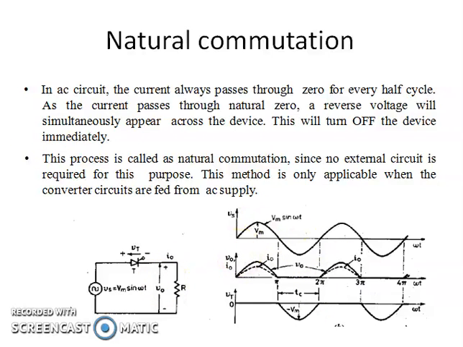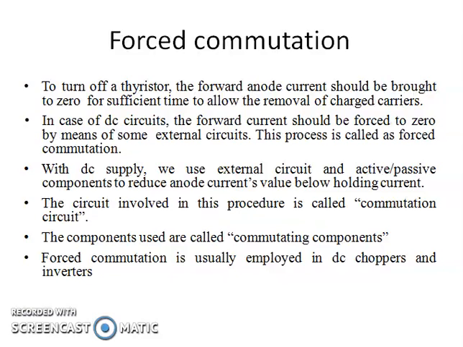Usually forced commutation is employed where our supply source is a DC source. For example, a chopper circuit. A chopper is a circuit which is used to convert fixed DC into variable DC. Also in the inverter circuit.